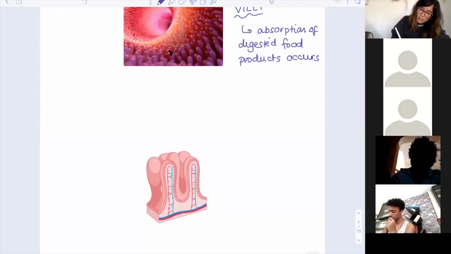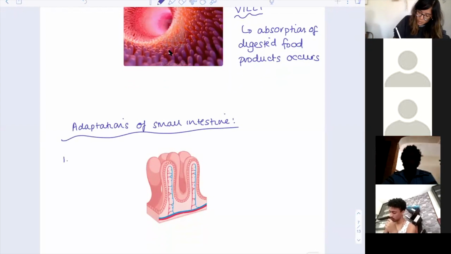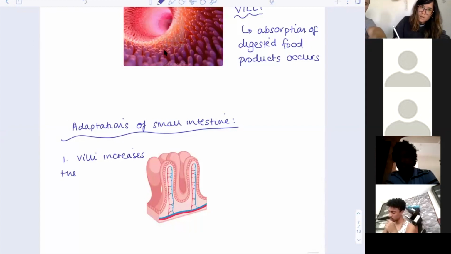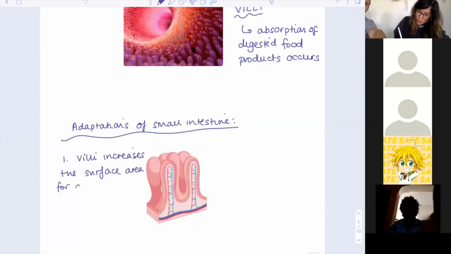So they love asking you about adaptations of the small intestine for absorption. So number one, we're going to say the presence of villi increases the area for absorption.